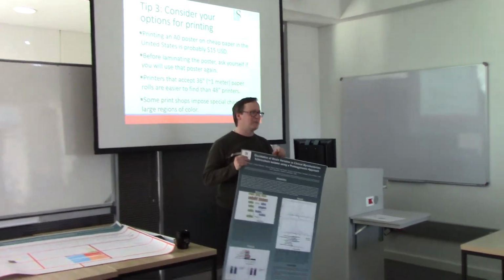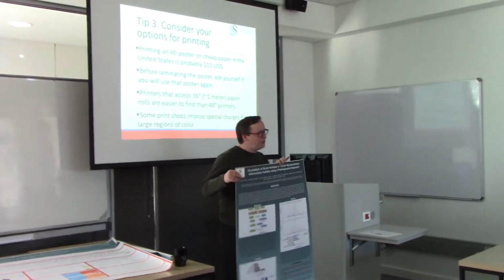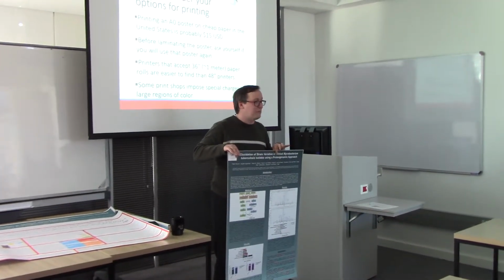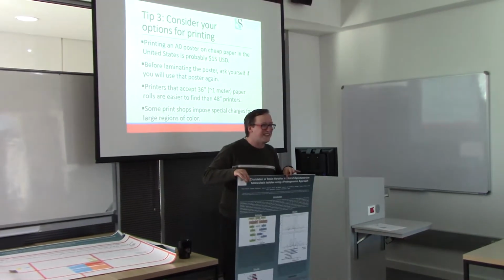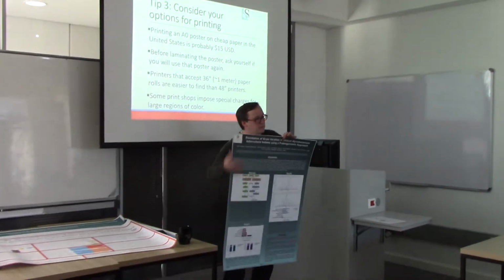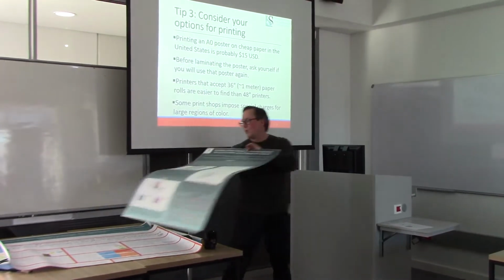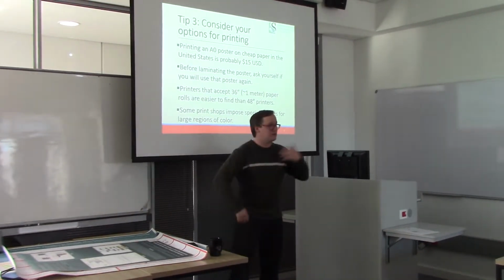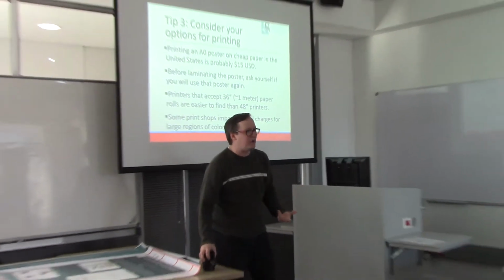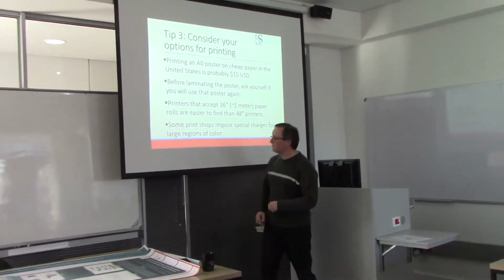The other thing that shows up, and this is not one that they advertise, is that if you have regions of big solid ink blotches, you're likely to get your paper a little bit wet and it gets a little wrinkly and it doesn't look very nice. So using big bold areas of color, while it's nice for visual aplomb, it doesn't really make for a poster that looks all that nice in the end.